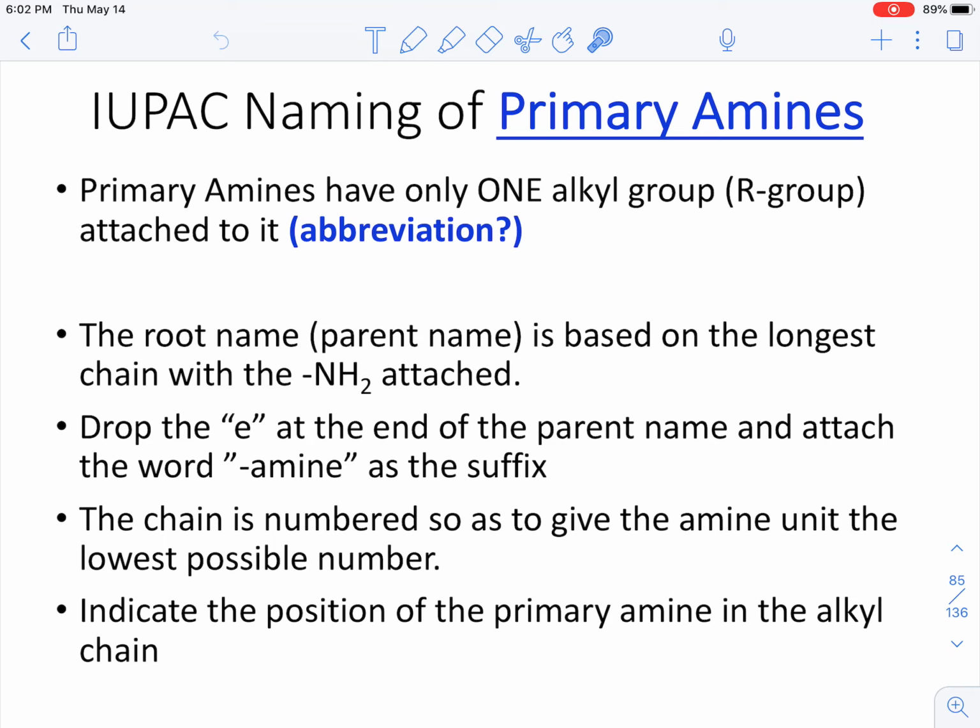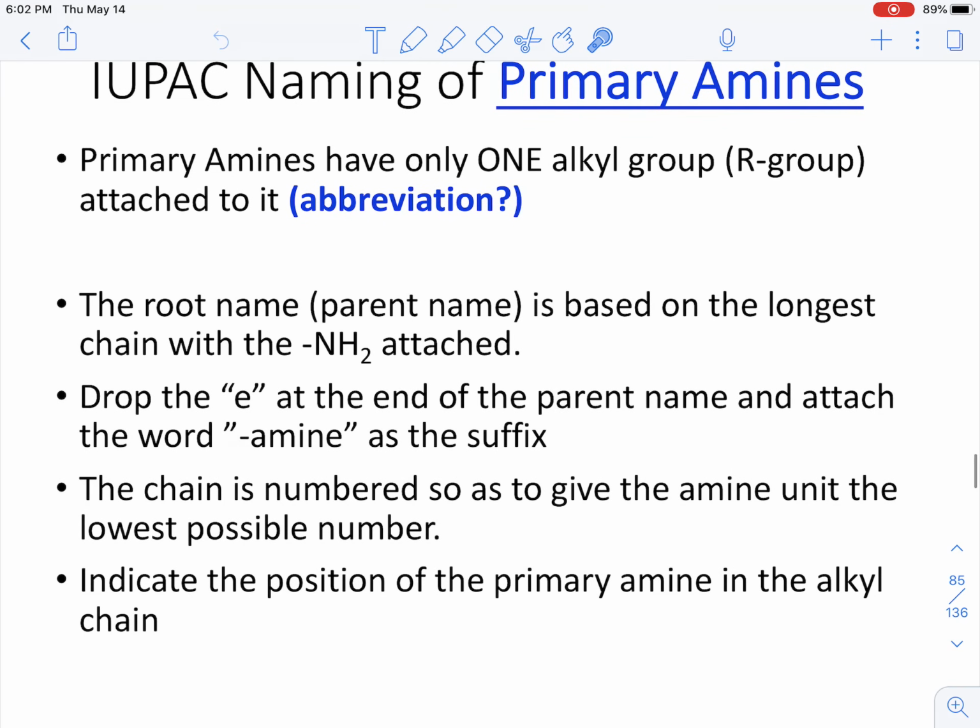We're going to cover all three, but I'll probably break up the video into three pieces. The first one we're going to learn is naming primary amines. If you recall, primary amines have only one R group attached to the nitrogen atom, and the general abbreviation is RNH2.